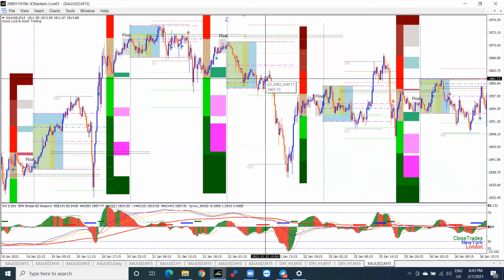I will not show now how to place the stops, but when you decide to buy the strategy, you will also have a Zoom meeting with me, and I will show you exactly how to place your stops to be safe.